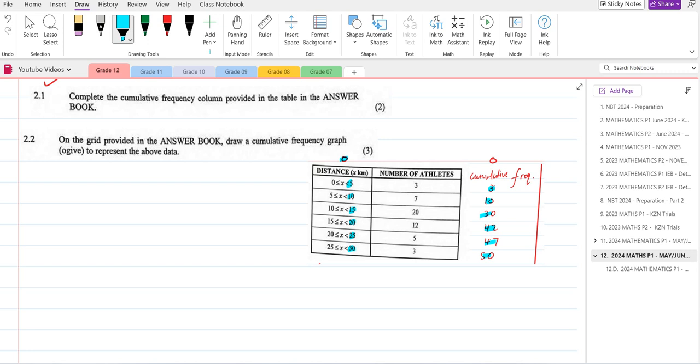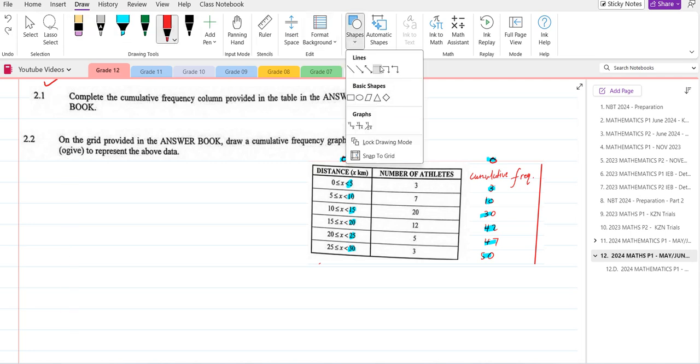Right, so let me draw the graph. I'm going to go in intervals of 5 to 30. So let me just do some estimation here. So let's draw the graph.